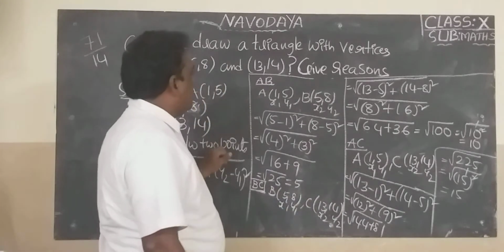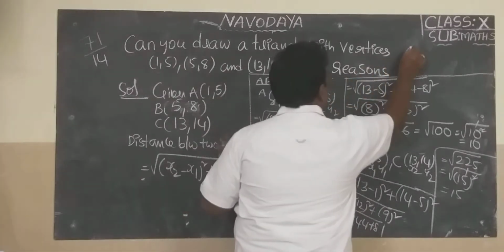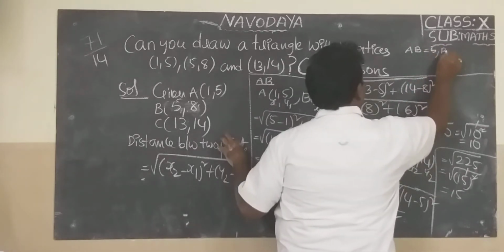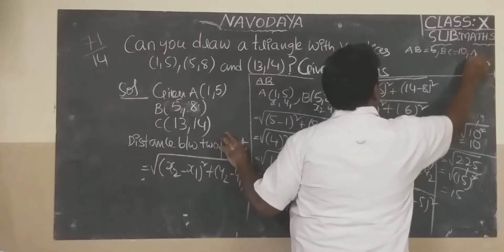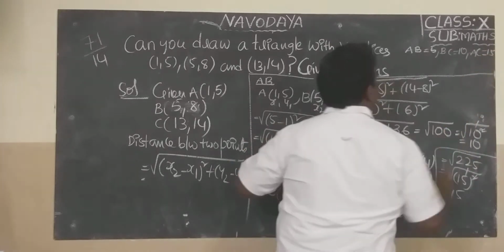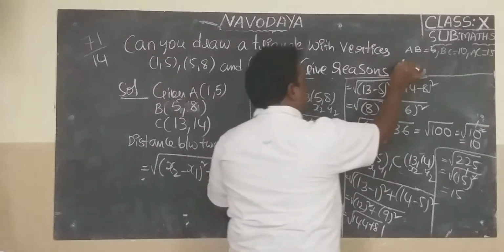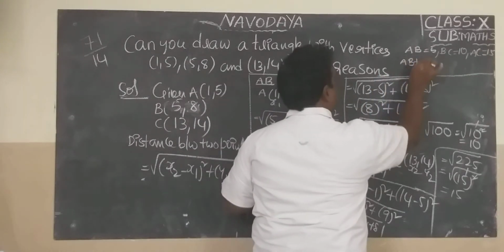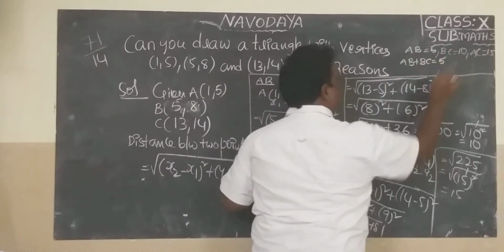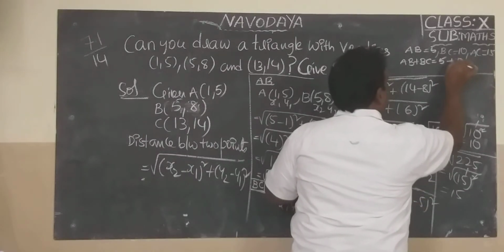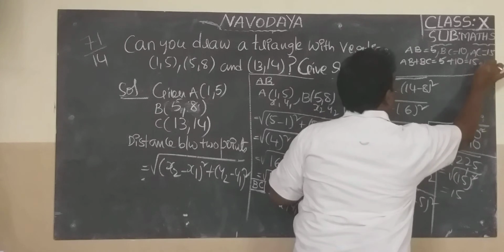So here AB is 5, BC is 10, AC is 15. Add AB and BC: AB is 5, BC is 10, add, 15, which is nothing but AC.